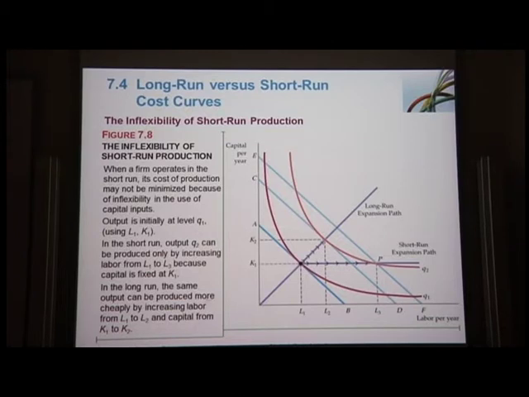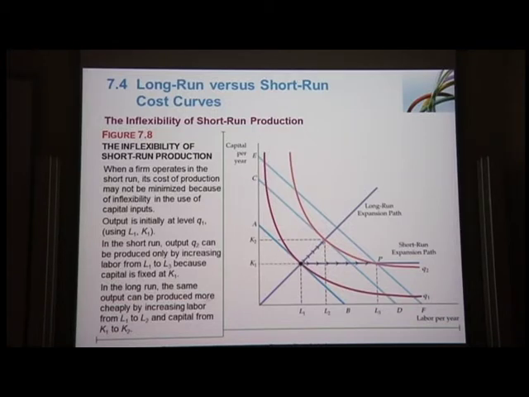That means you only need to employ more labor from L1 to L2 to reach that point of tangency. In the short run, you have to employ labor from L1 to L3 to produce Q2. In the long run, you only need to increase labor from L1 to L2. So you need less labor in the long run.